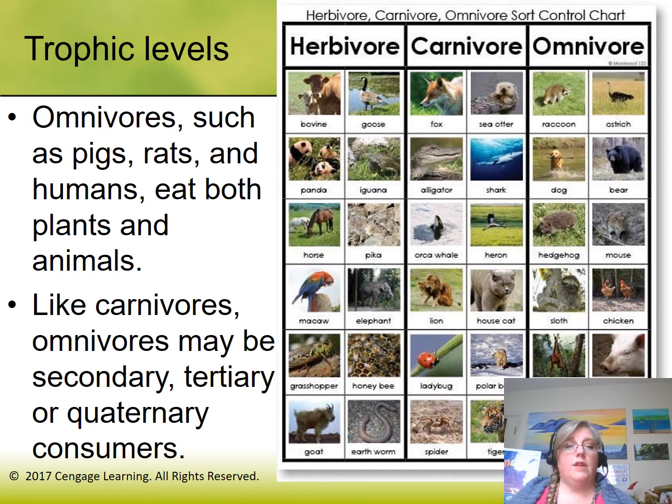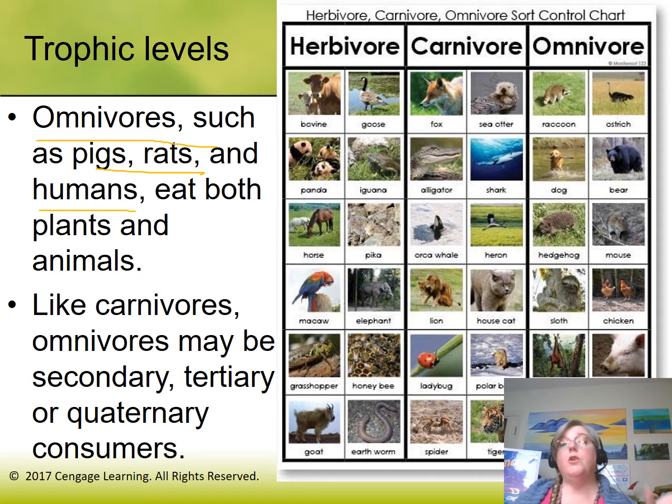The omnivores, like pigs, rats, and humans, isn't it nice to be in that category? Pigs, rats, and humans. We eat both plants and animals. And like the carnivores, the omnivores can be secondary, tertiary, or quaternary, depending on what you've had for lunch that day. So the primary, secondary, tertiary, quaternary depends on what you've had for lunch that day.